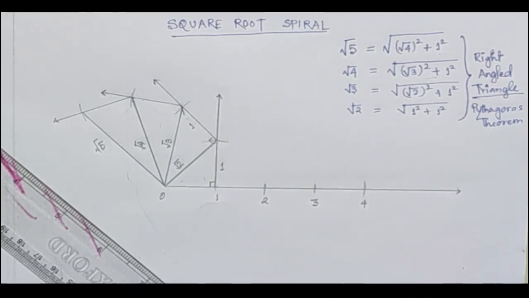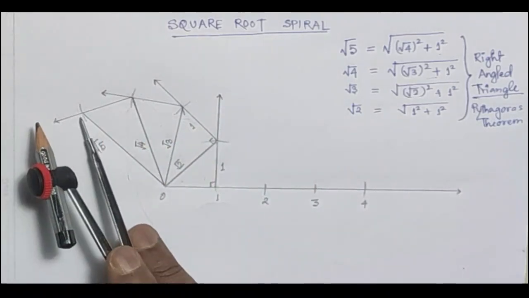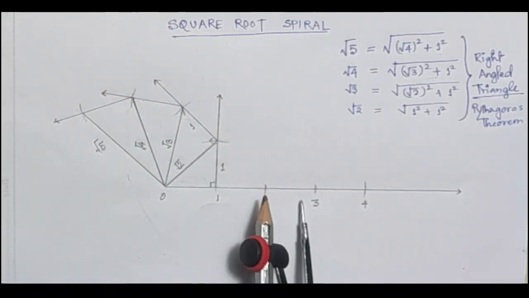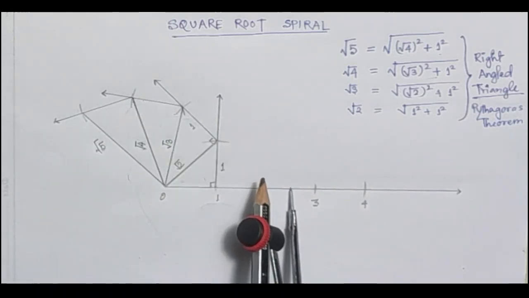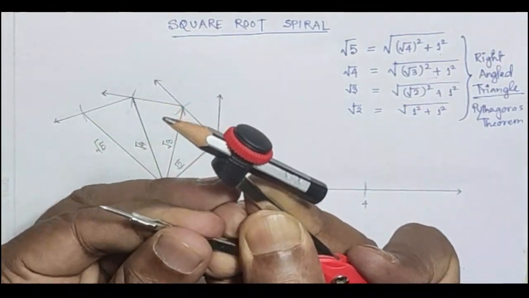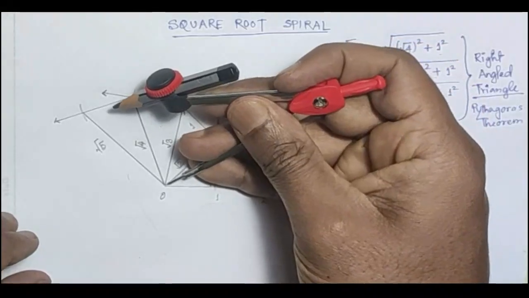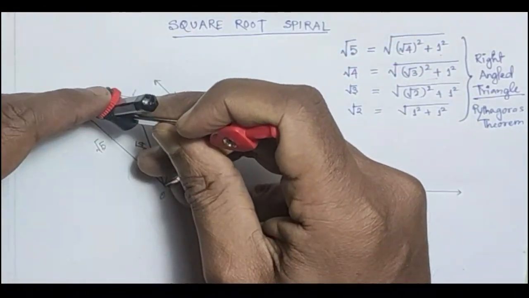Okay, once we have this length root 5, now we need to plot this root 5 on the number line. So to plot this root 5 on the number line, we need to measure this root 5. How do we measure this root 5? With this compass itself. Now we are changing the length so that it fits with root 5 here.